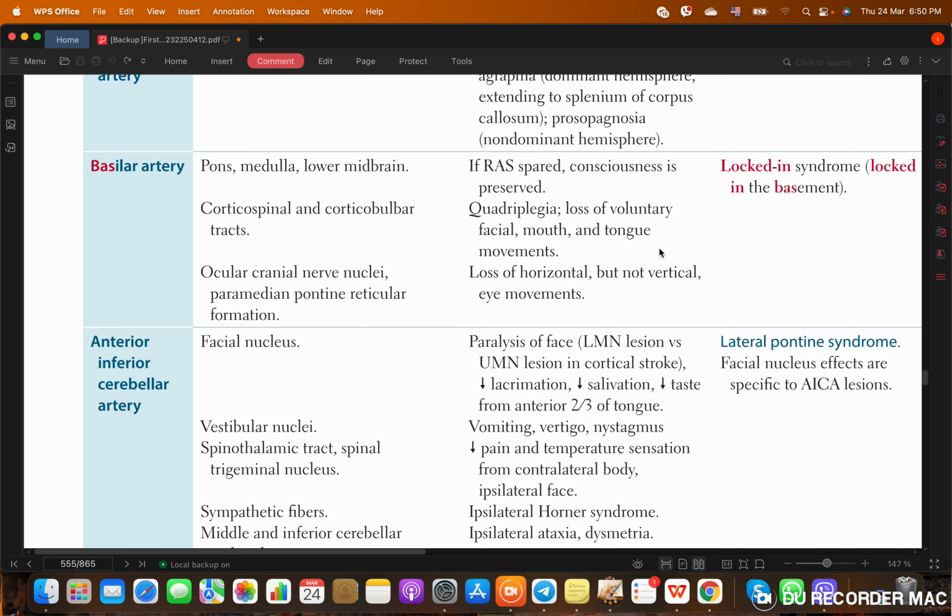Loss of horizontal but not vertical eye movement. Why? Because it supplies the pons. What comes out from the pons? Which cranial nerve that has horizontal movement of the eye originates from the pons? Well, basically, just tell me which cranial nerves originate from the pons. Okay, yes.